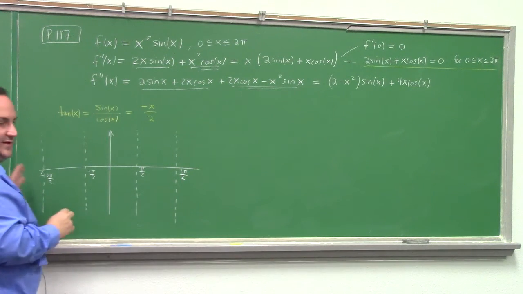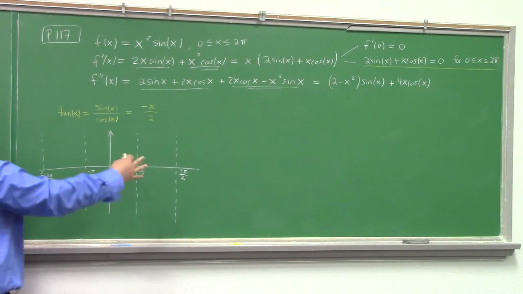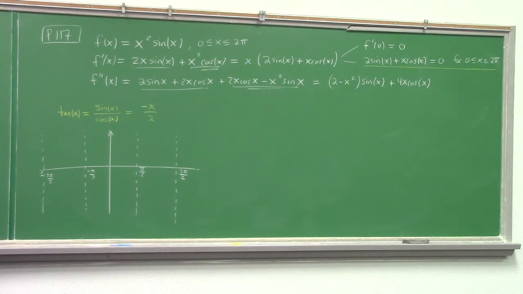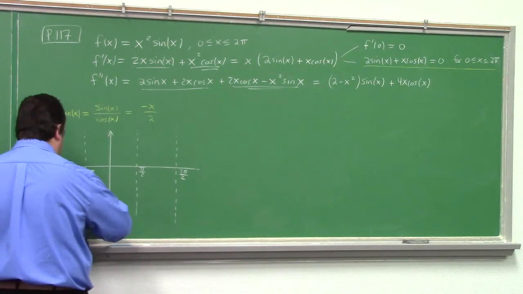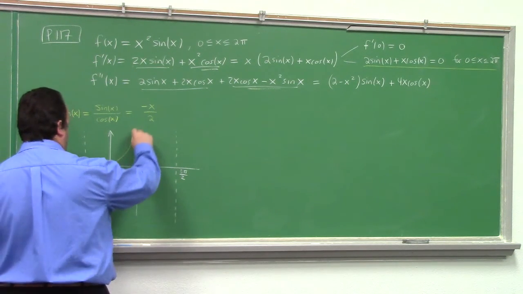And then, of course, beyond this, there is 5 pi over 2 plus or minus. And so tangent looks like this.